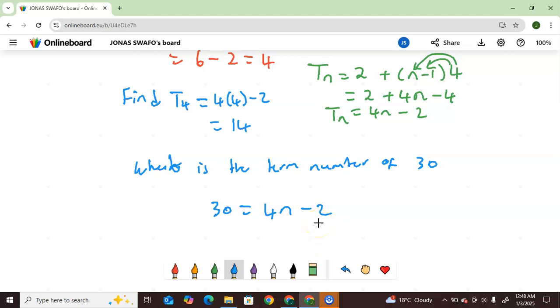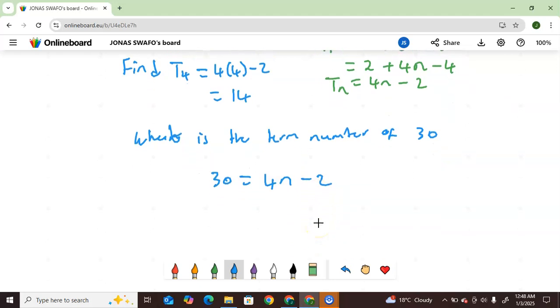And if you remember guys from algebra, solve for x. In this case, you're solving for n. We're going to group like terms. When you're grouping like terms, this 2 is going to go to the other side. Then we're going to have 30 minus 2. No, rather plus 2. Remember it went to the other side. It's going to be 30 plus 2 equals 4n, right? And then here we're going to have 32 equals 4n.